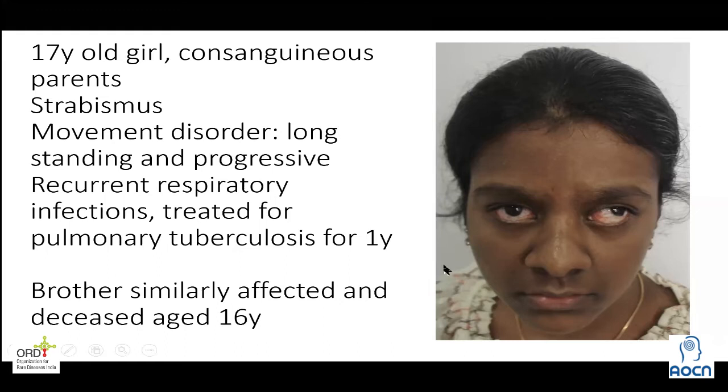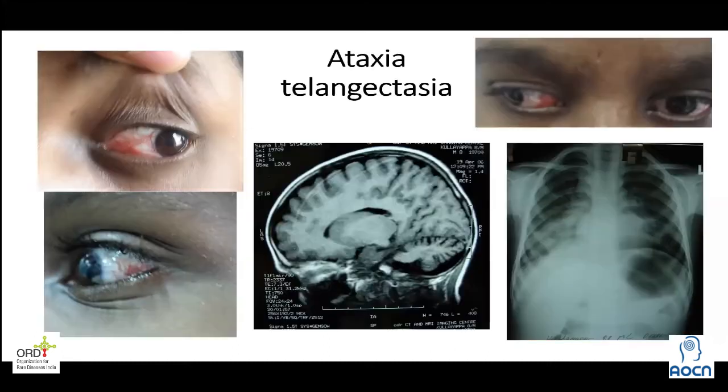So in the past history, she had had pulmonary tuberculosis that had been treated for a duration of 1 year, and she seemed to be generally poorly built and had a history of recurrent respiratory infections. But when you look closely at her, what she had was very obvious signs of what we know as ataxia telangiectasia.